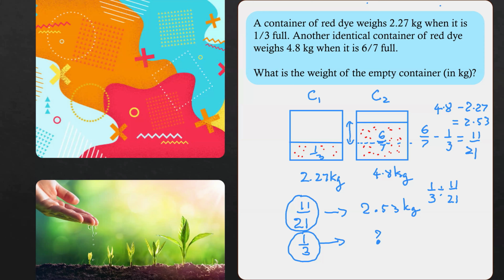Okay, so we need to do the operation. And then whatever we get out of that, we can just time that with 2.53, and that will give the answer.